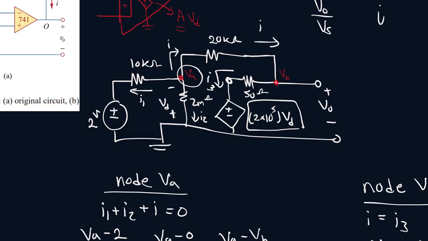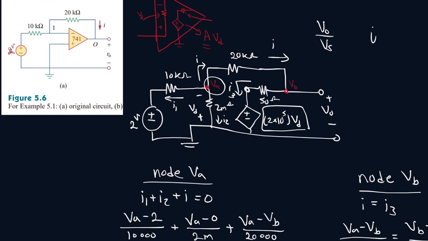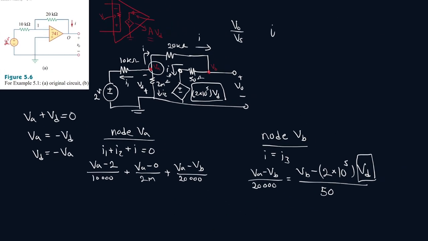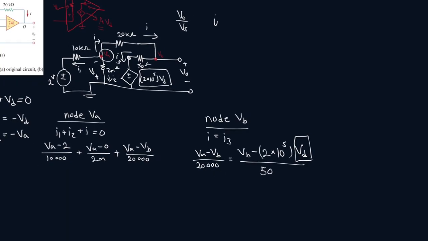Okay, so that means there is a voltage increase. So it'll be VA plus VD equals 0. So that means VA will be equal to minus VD, or VD will be equal to minus VA. Okay, so we'll substitute that in here.